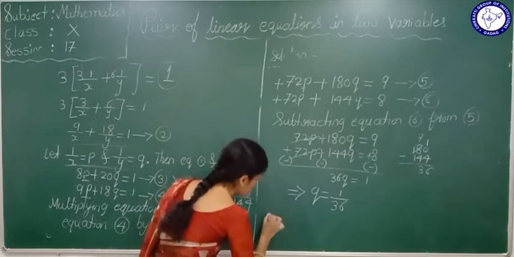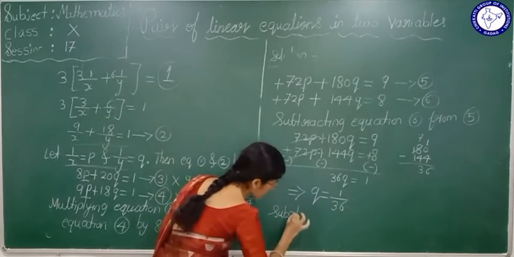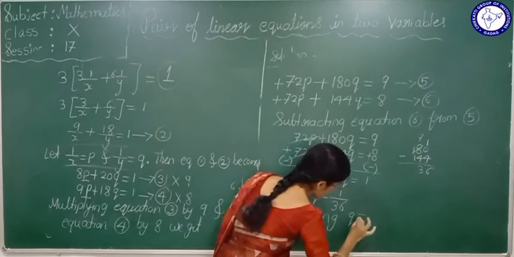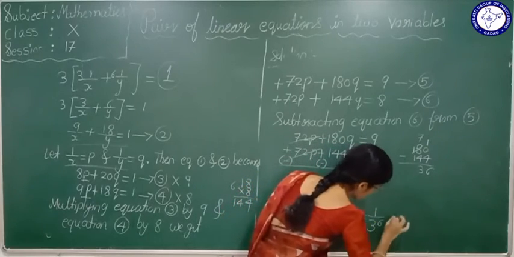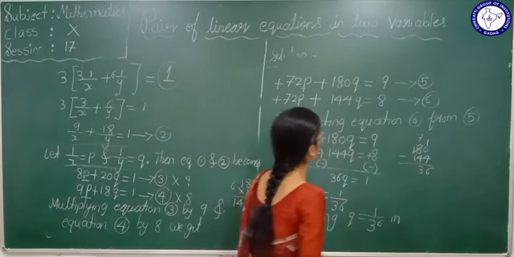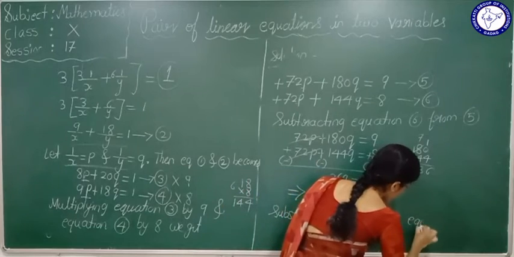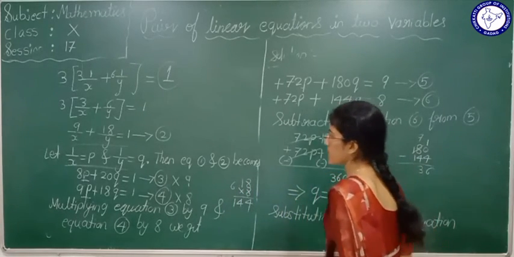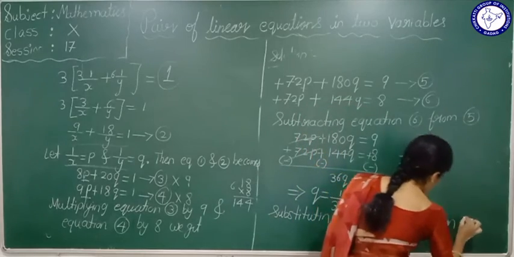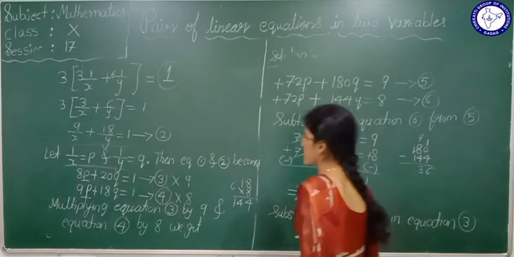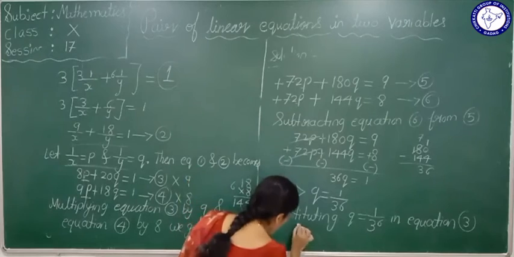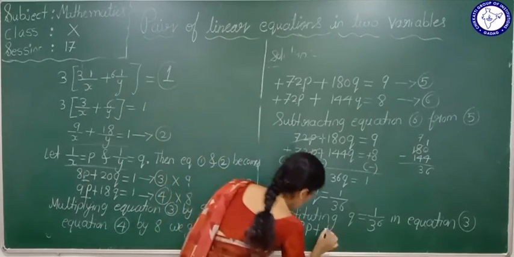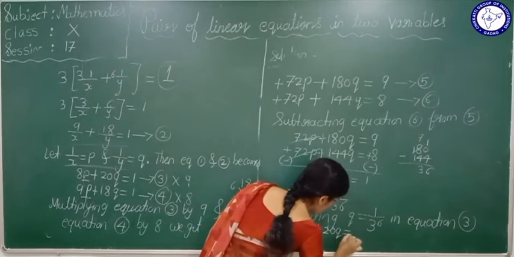Now substituting q is equal to 1 by 36, you can put it in any one of the equations. I will put it in equation number 3, which is 8p plus 20q is equal to 1.